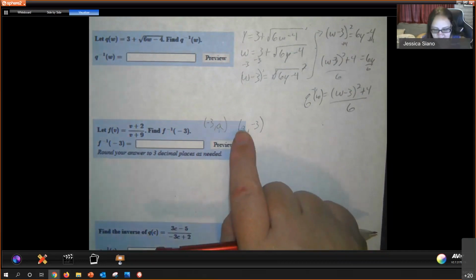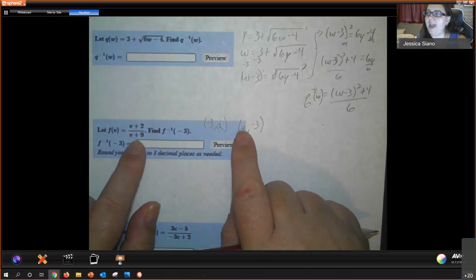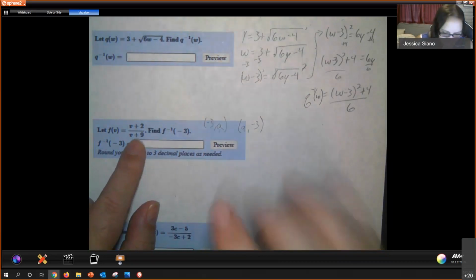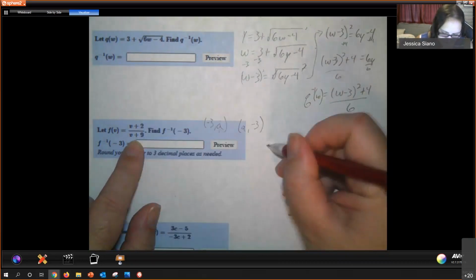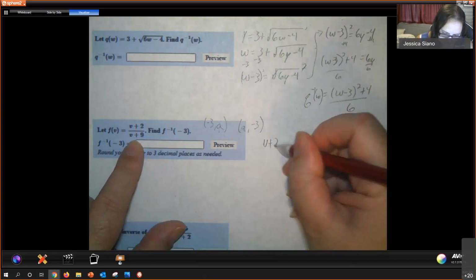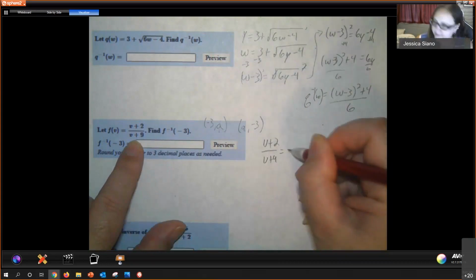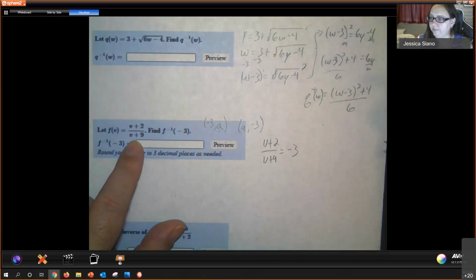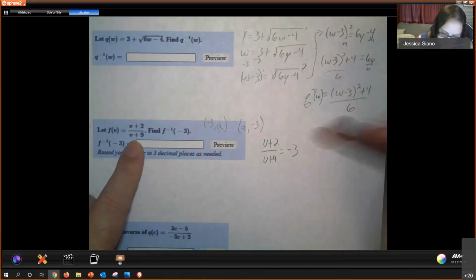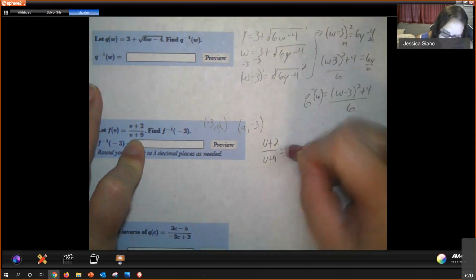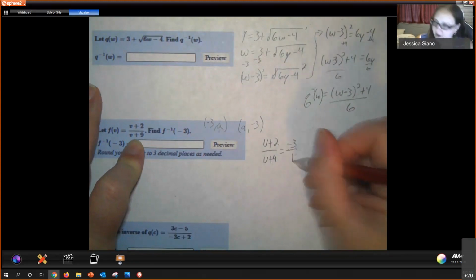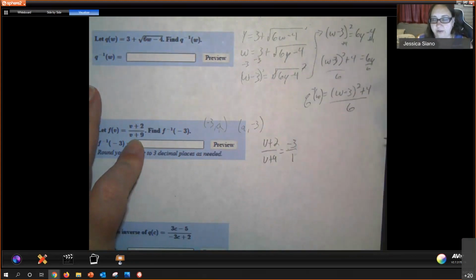So really, I want to know for what x value does this equal -3? So I'm going to set this equal to -3 and solve.